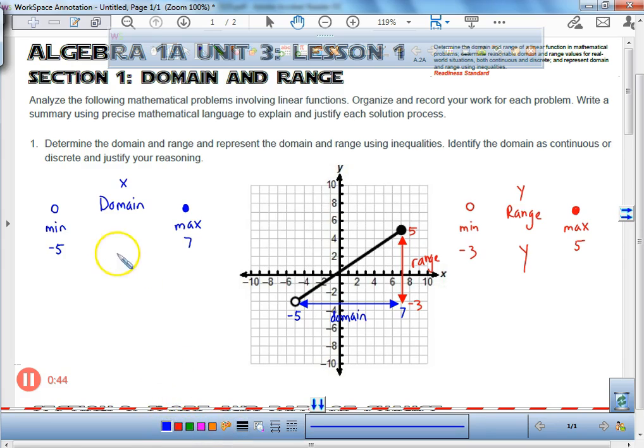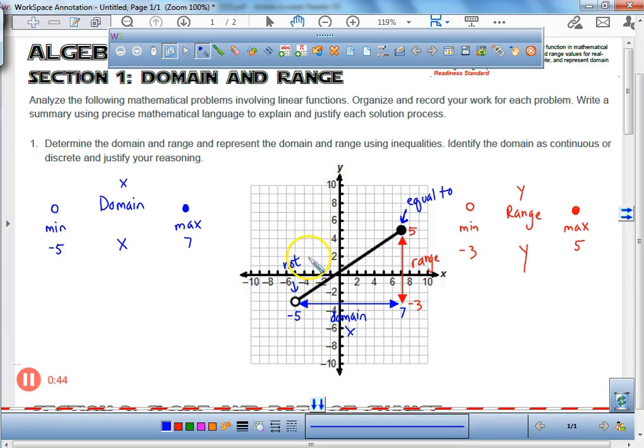So you'll notice I put my inequalities in between. So the maximum, which gets to a 7, all my x values right here are less than or equal to. By the way, a closed-in circle means equal to. When it's open, it means not equal or does not include.